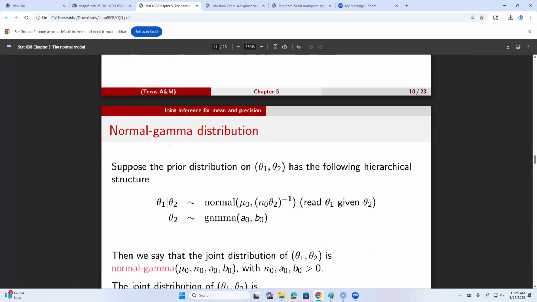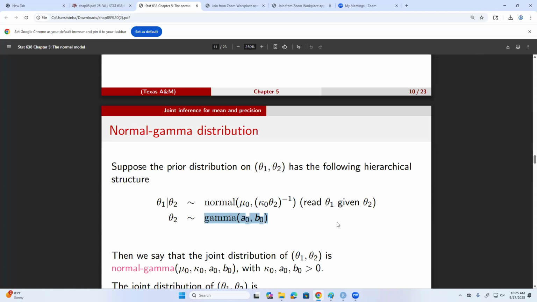So what is the meaning of normal gamma prior? This is the prior. Suppose I assume theta 1 given theta 2 follows a normal distribution and theta 2 follows a gamma distribution. This is called the normal gamma prior.